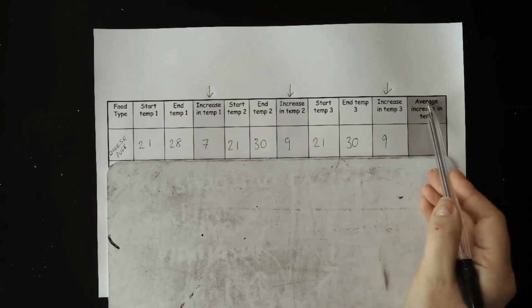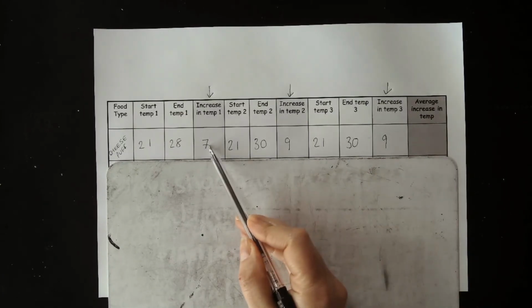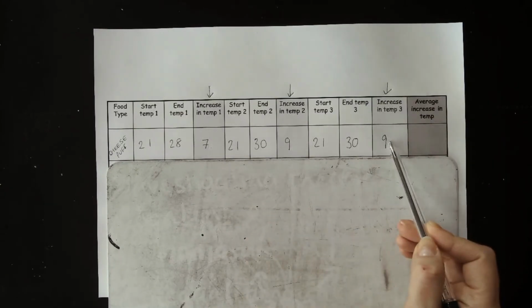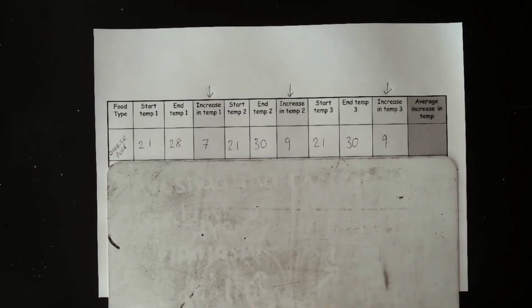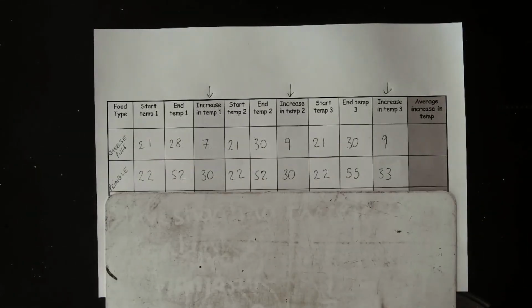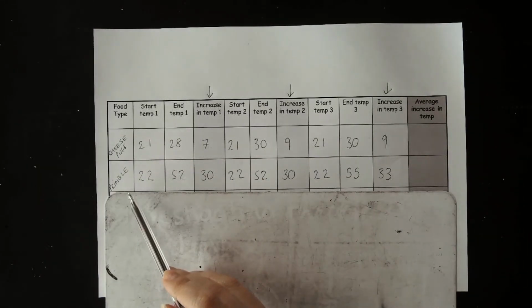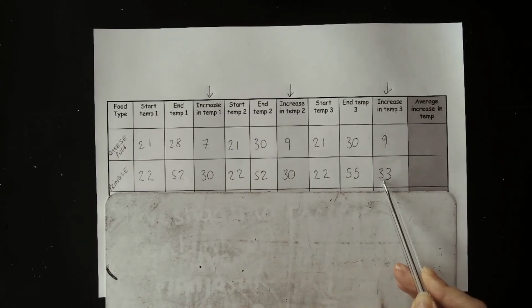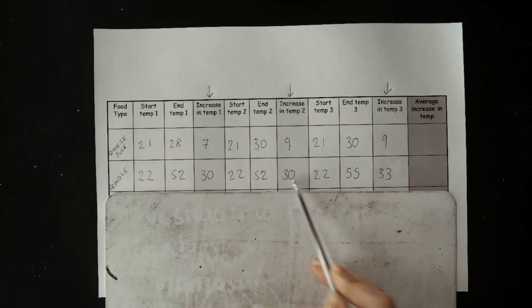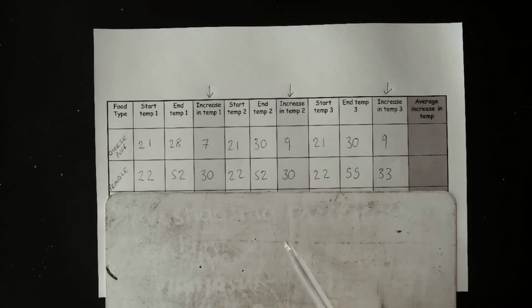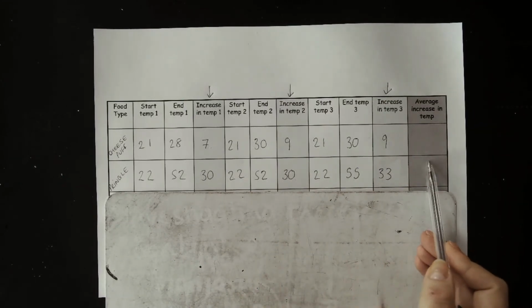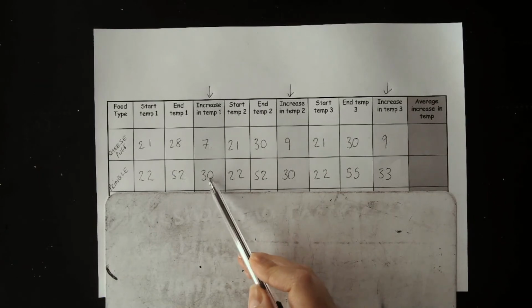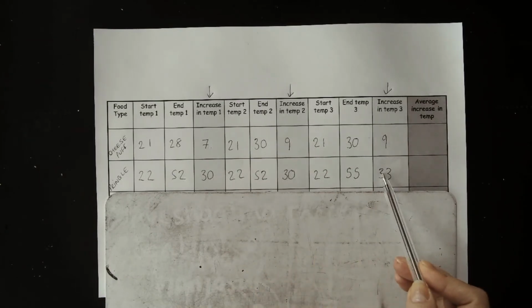So to work out the average, I do 7 plus 9 plus 9, and I can divide by 3 because I have used 3 numbers. Then looking at the results for the Pringle, I've got 30, 30 and 33. Those 3 results are close together, so there are no anomalies.